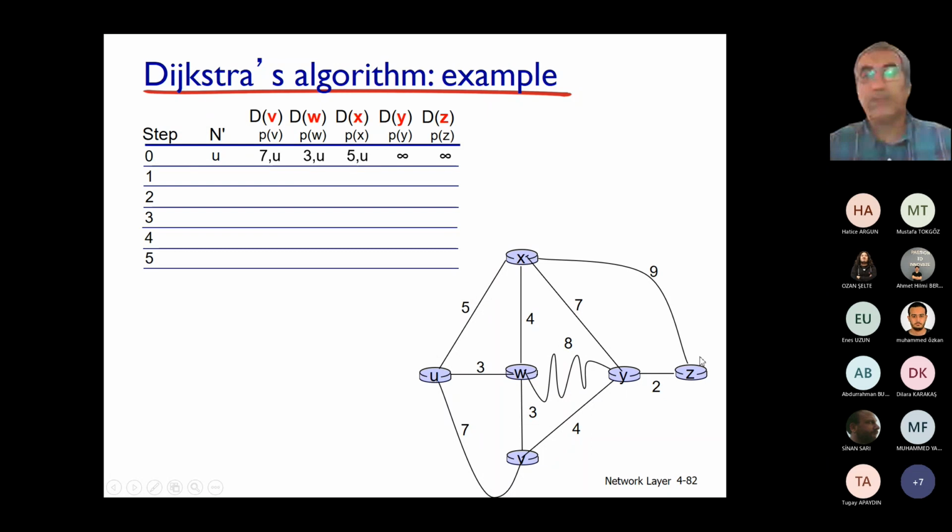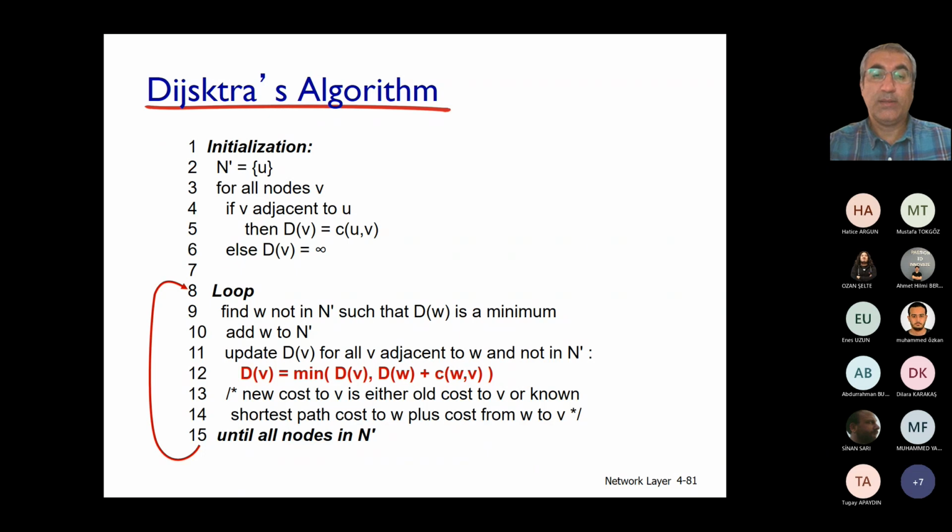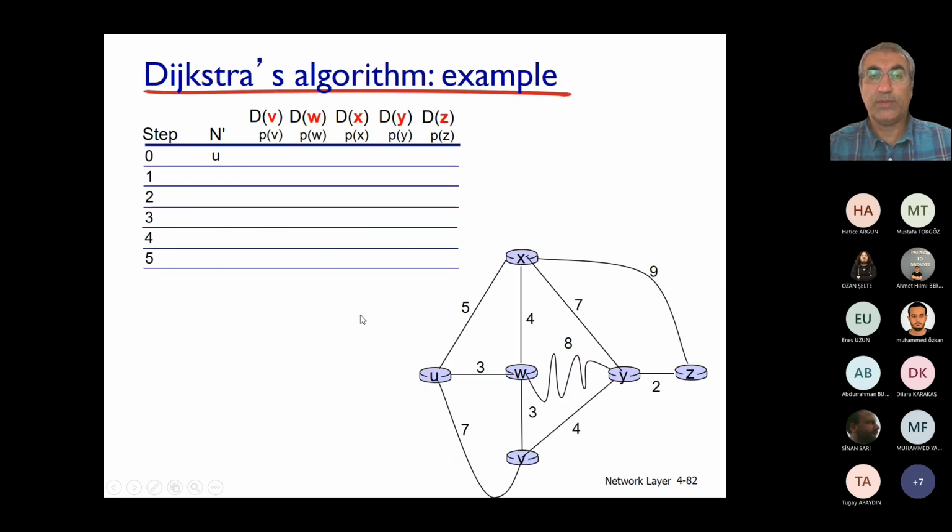And because Y and Z are not adjacent to the U, we put the value of infinity for both Y and Z nodes. So according to the algorithm, we need to calculate these minimum values. So which one is the minimum in this case?